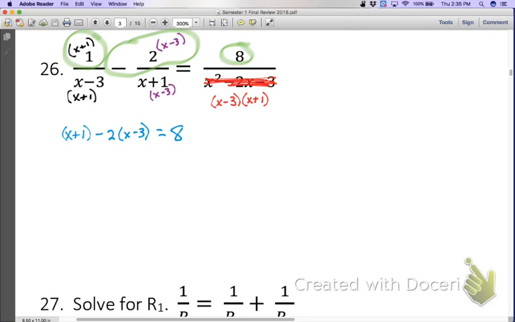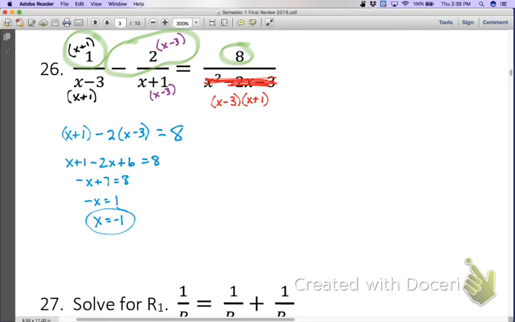So once I get it to this point, I'm going to have x plus 1 minus 2x plus 6 equals 8. And then I'm just going to solve for my x value. So in doing that, I'm going to have negative x plus 7 equals 8. Negative x is equal to a positive 1, so x is equal to negative 1.